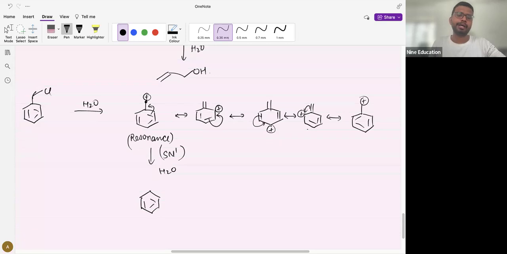Now H2O if you attack, it will make here OH2 positive, and you all know it will go for proton transfer, and after proton transfer you will get OH this side. Understanding or not? Simple this is.